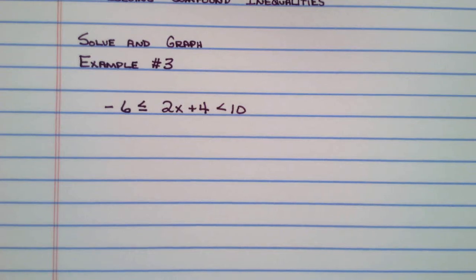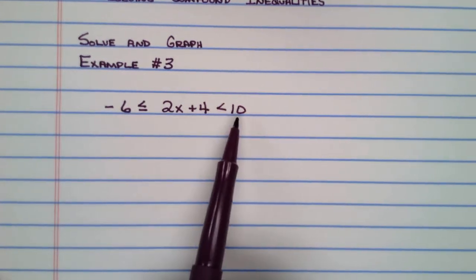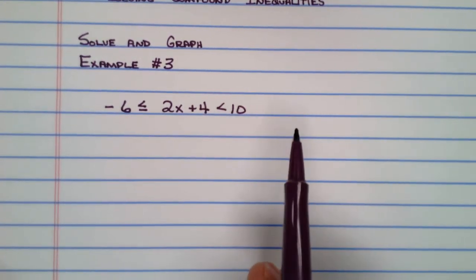For example number 3, they're going to give you an example of an AND problem. In this AND problem, instead of having two separate inequalities, they've taken both inequalities and combined them together to make it look like this. This is an AND problem.